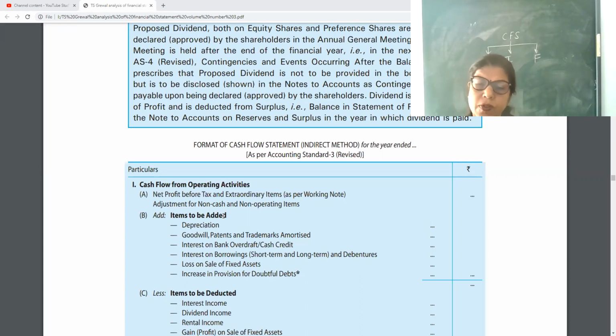So loss on sale of fixed asset to be added, and increase in PDD, provision for doubtful and bad debts, doubtful debts. Okay, so that will be added here. Now again: depreciation write-off, goodwill, patent, trademark write-off, interest paid, loss on sale of fixed asset.